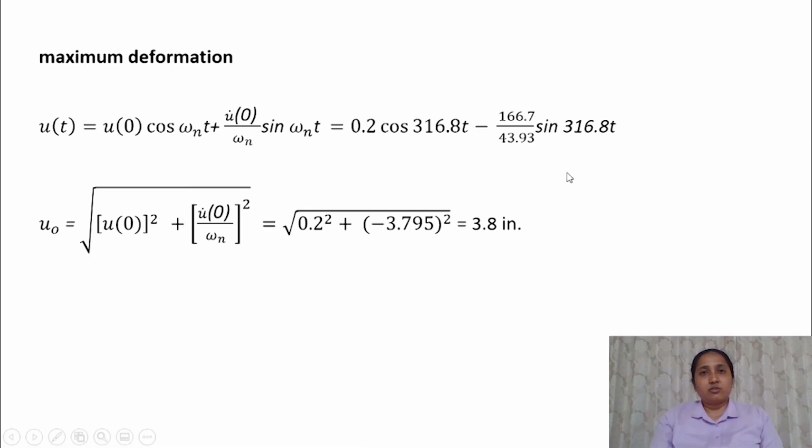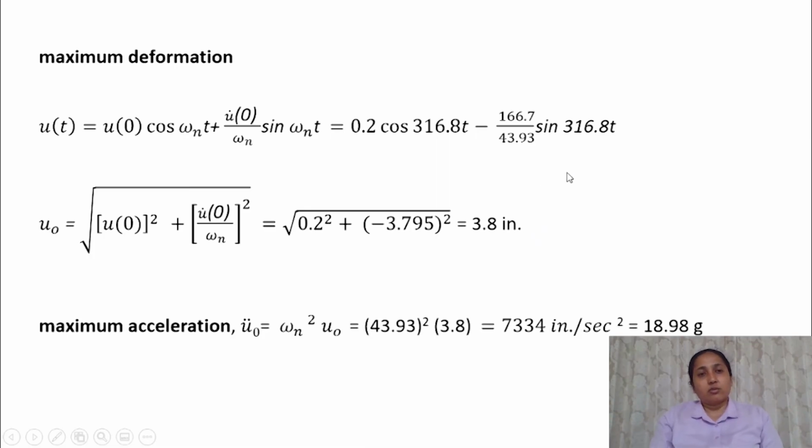So if we know the maximum deformation, we can also calculate the maximum velocity or even maximum acceleration. So let's calculate maximum acceleration. If this is the displacement, what is the acceleration? If you differentiate it twice, you will get acceleration. You'll get a similar expression with omega n square also as a coefficient.